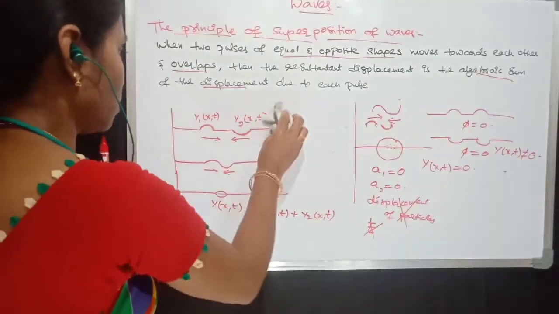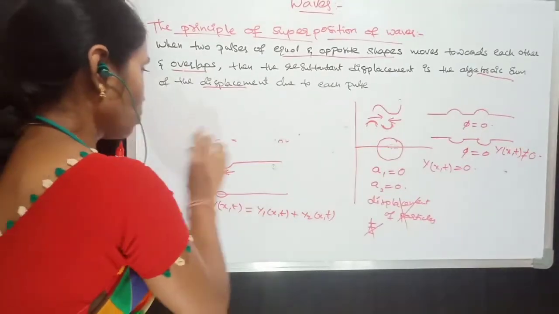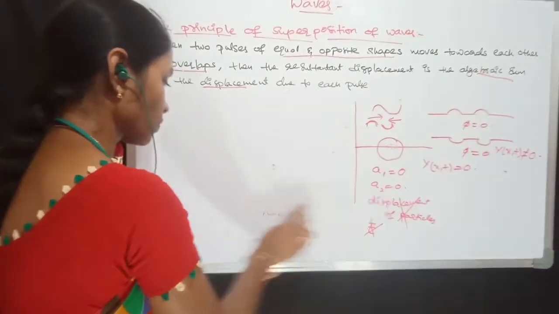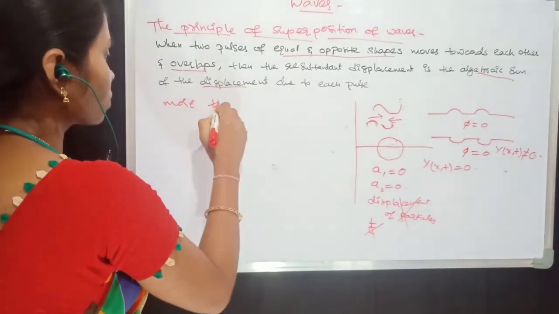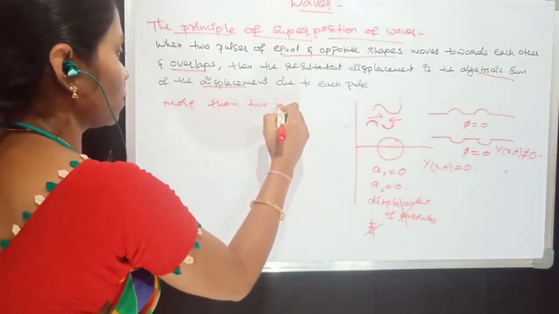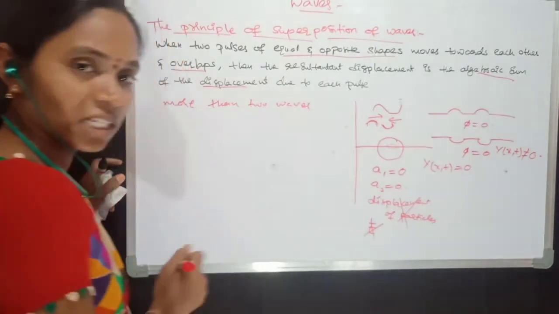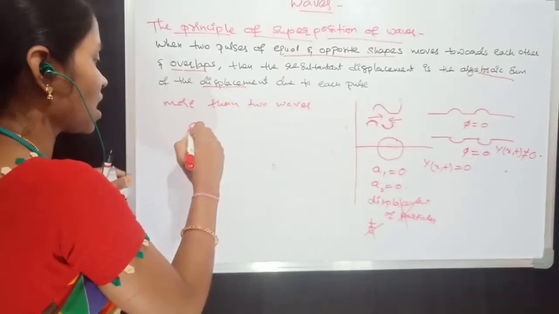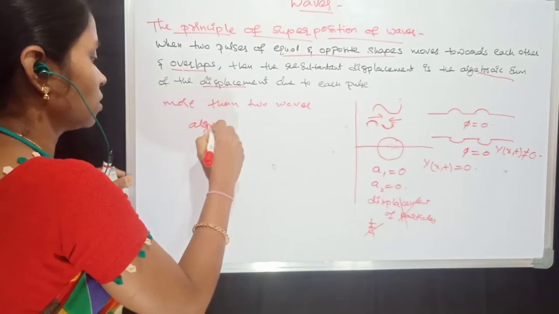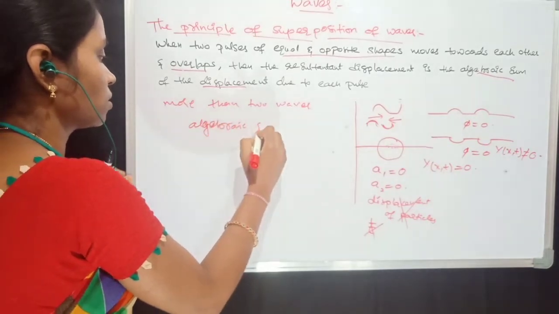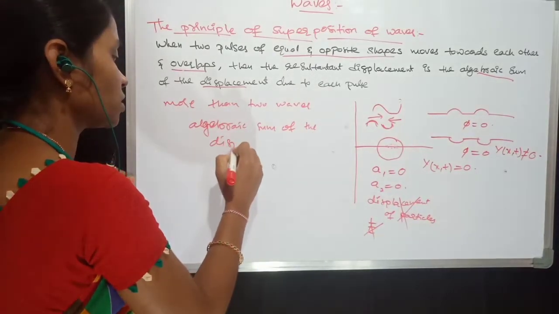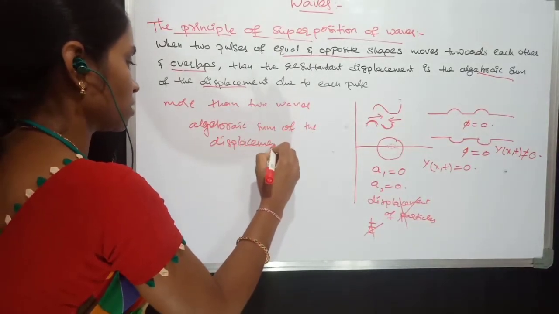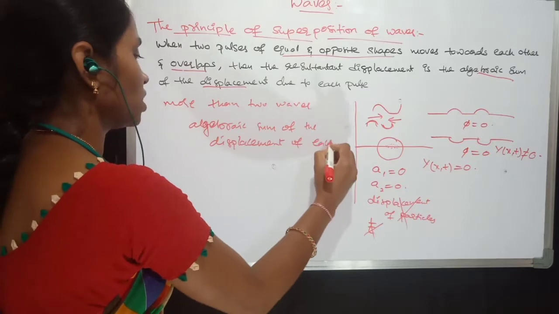If I have more than two waves, for more than two waves, the resultant displacement will be the algebraic sum of the displacements of each pulse.